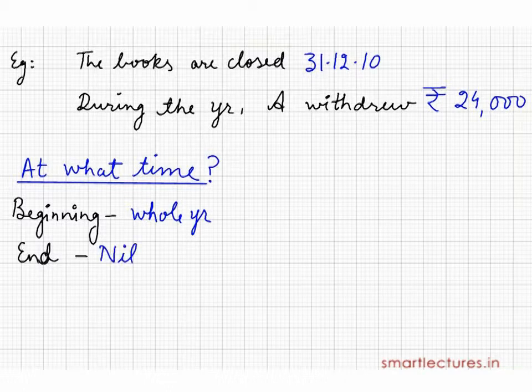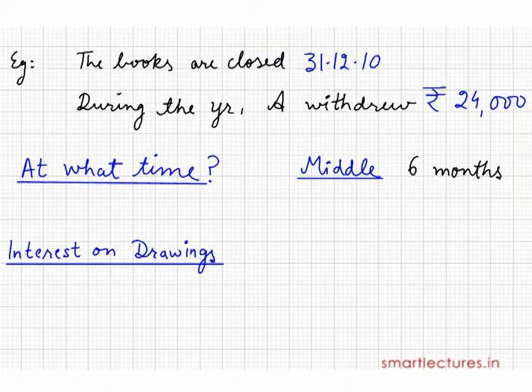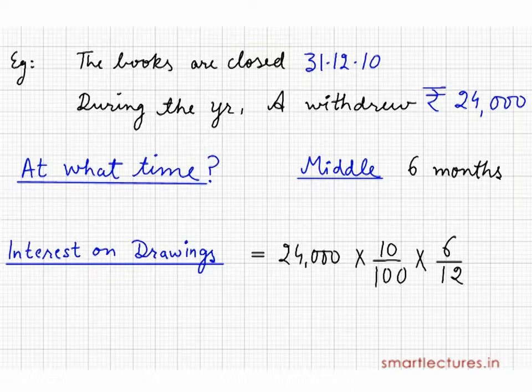If he has withdrawn this money at the end of the year, as on 31st December 2010, then the interest on drawings will be nil because he couldn't use the money during this year. But if the question is silent, we assume that the money was withdrawn in the middle of the year. So we will calculate the interest on drawings for 6 months.